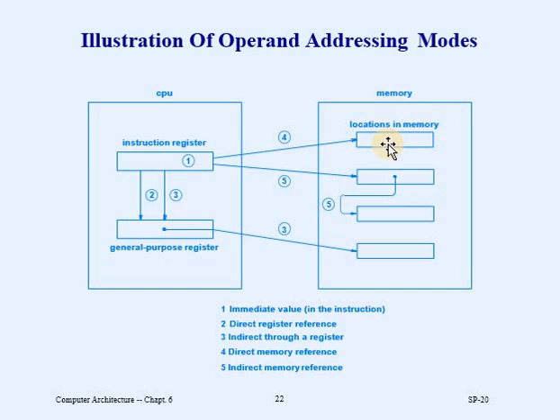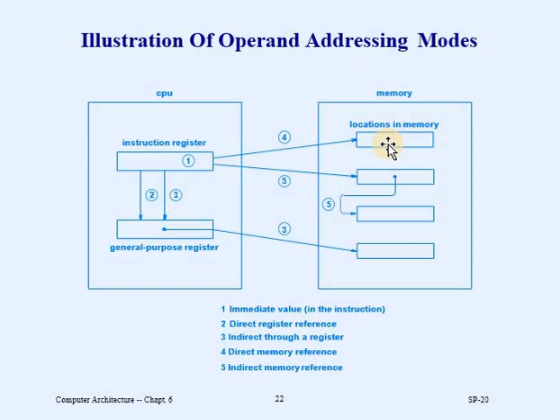Rather, we get a link towards that value, the address of that value. It is a similar situation to what we discussed in the third type, indirect through a register.